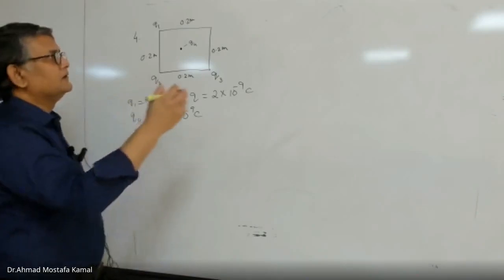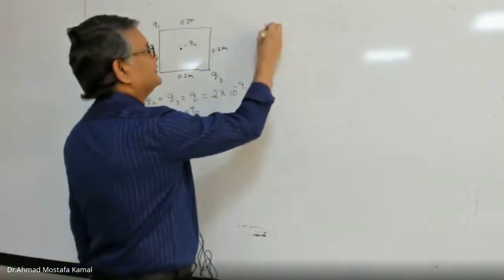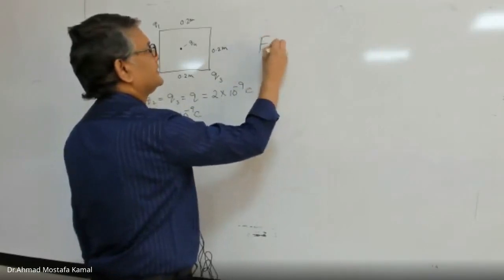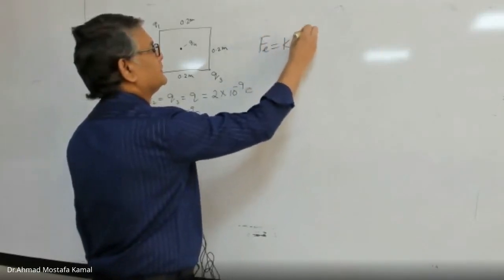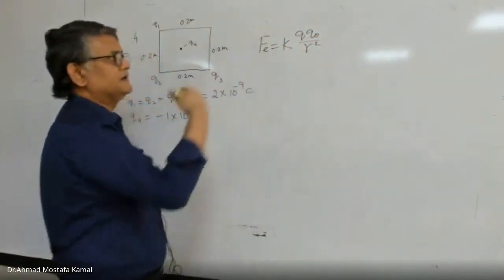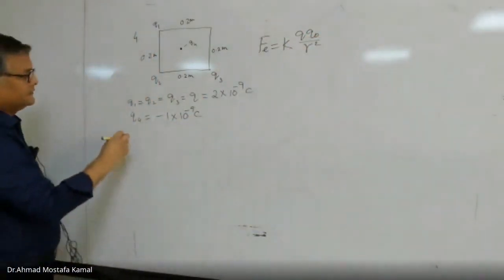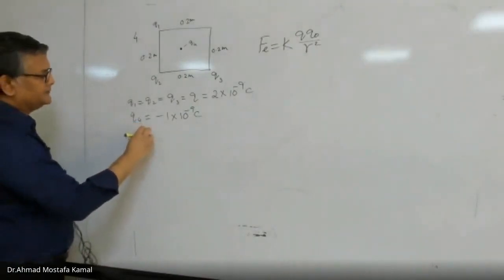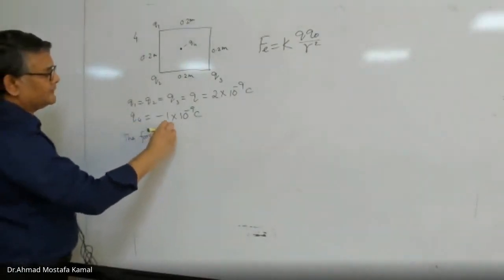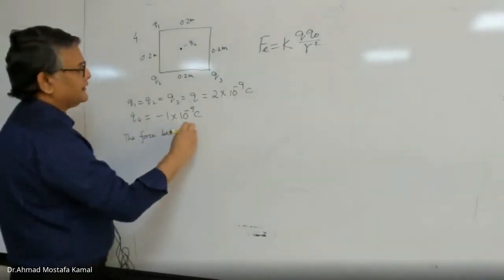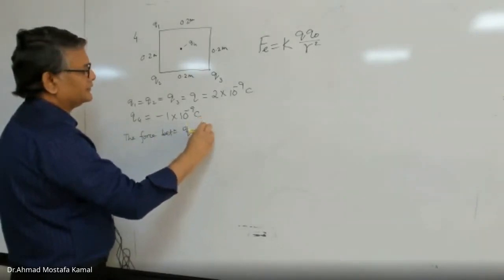So we know that according to Coulomb's law, the equation is Fe equal to K Q Q naught by R square. So we shall use this equation. So write down the force between Q1 and Q4.